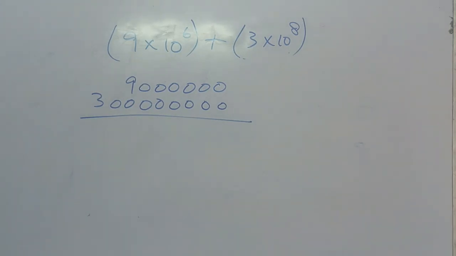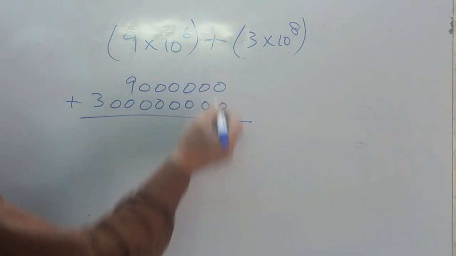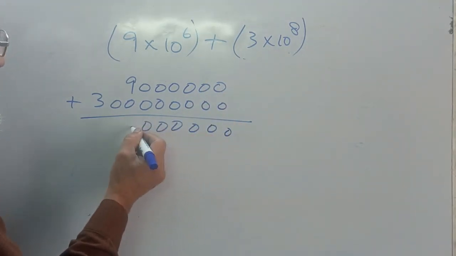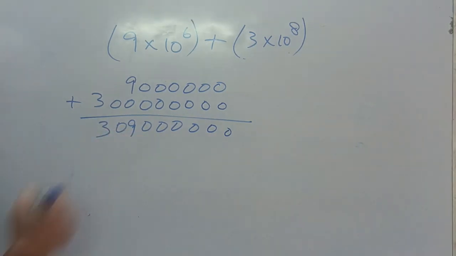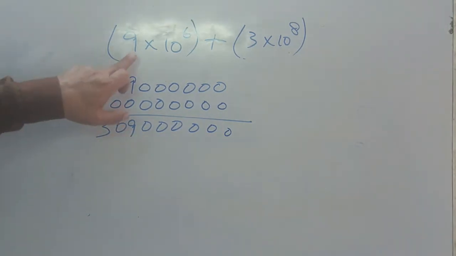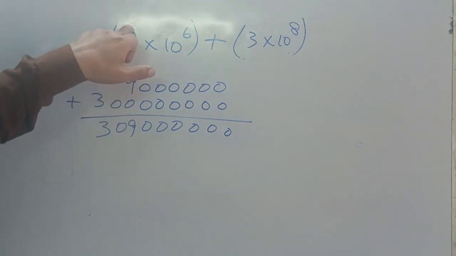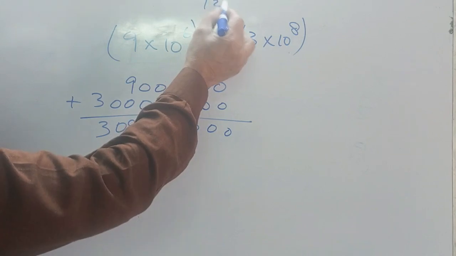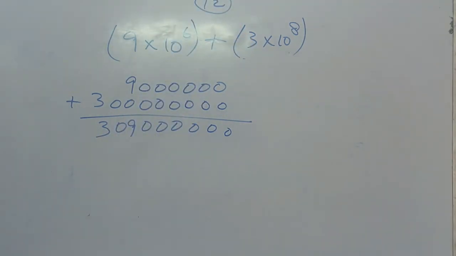The operation is the addition sign, so just add these. If you add this 9 with 3, it will become 12, so it will be wrong.